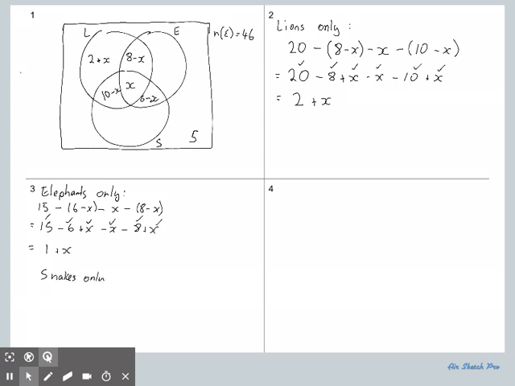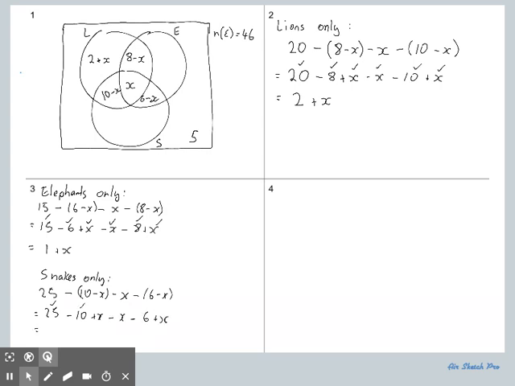For snakes only, we would have 25 snakes, and then we would go minus 10 minus x minus x minus 6 minus x, which equals 25 take away 10 plus x, take away x, take away 6 plus x.